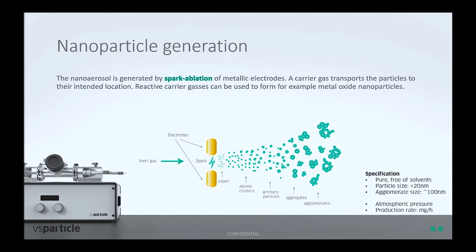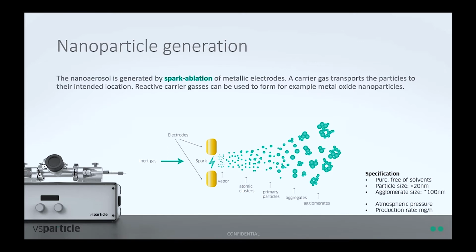A high power is set over the electrodes, and when the energy is discharged through a plasma channel, the temperature is so high that it immediately evaporates material from the electrodes. The created vapor of singular atoms is taken along by this carrier gas and transported out of the system. During this residence time, the atoms collide and form bigger particles and tend to agglomerate along the way unless sufficiently diluted.